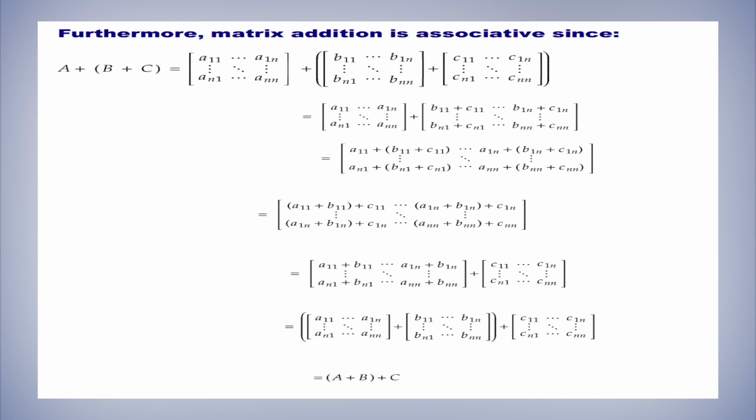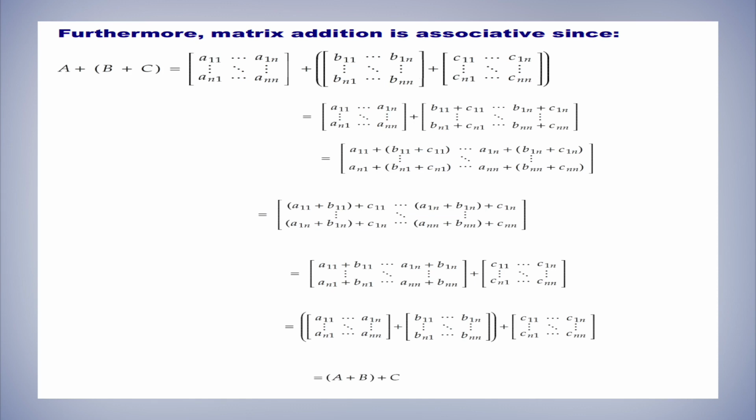Now, we will add B plus C with A. So, the result is A11 plus B11 plus C11, A12 plus B12 plus C12, like A1n plus B1n plus C1n, like An1 plus Bn1 plus Cn1, An2 plus Bn2 plus Cn2 and so on to Ann plus Bnn plus Cnn.